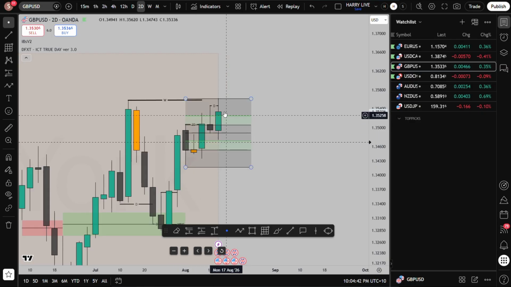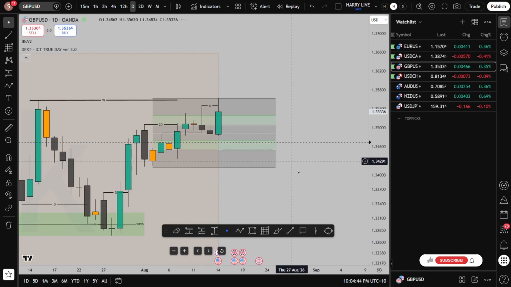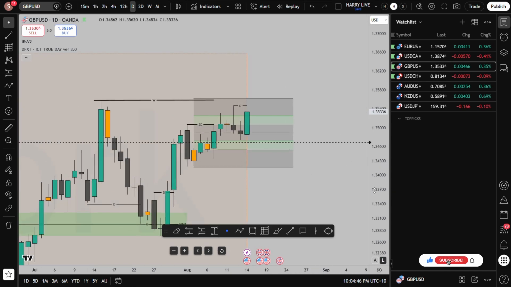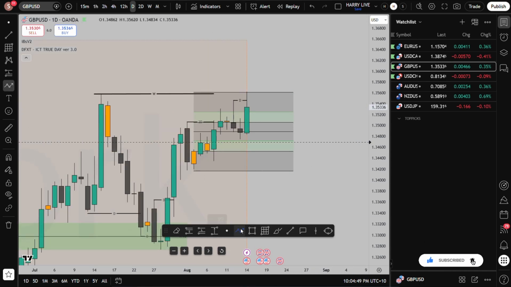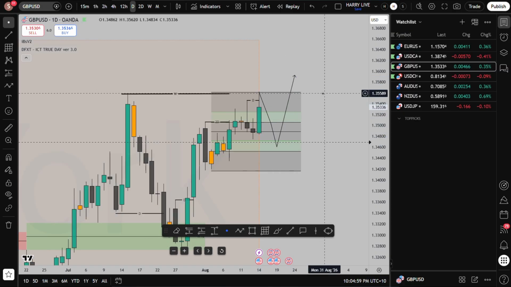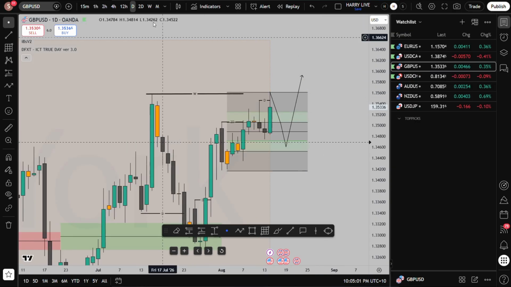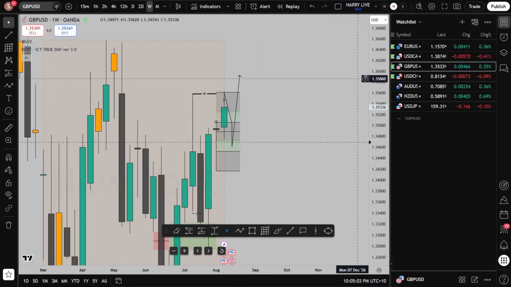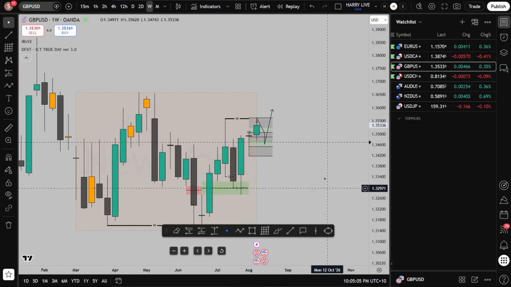There's a bigger swing which has formed, if we go on the two daily chart as well. So we can actually continue from here up to the upside, or we can continue from around this region and do this as well. So we will see how this one actually forms next week.